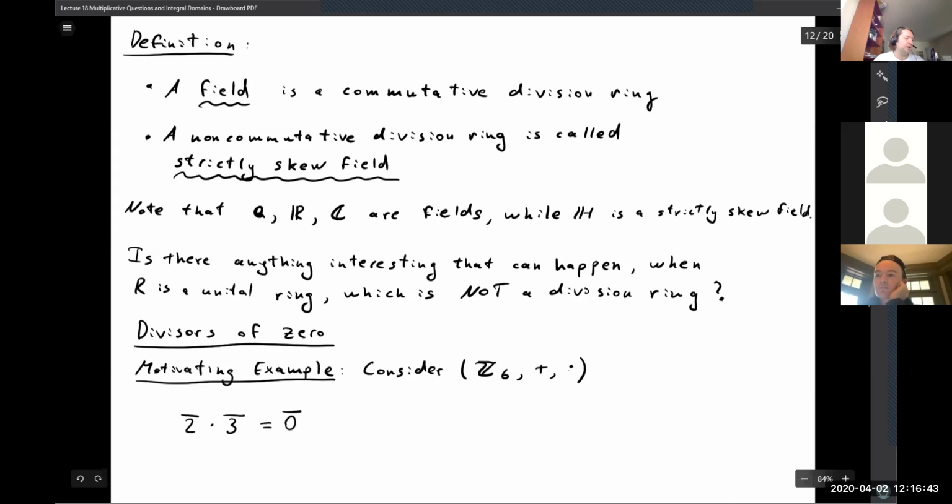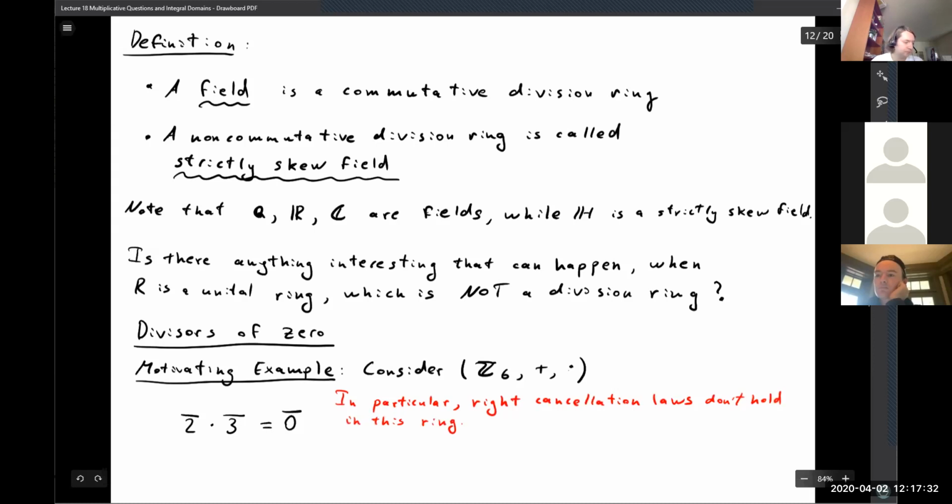And this is where our intuition coming from high school algebra breaks, because in particular, cancellation laws don't hold in this ring.